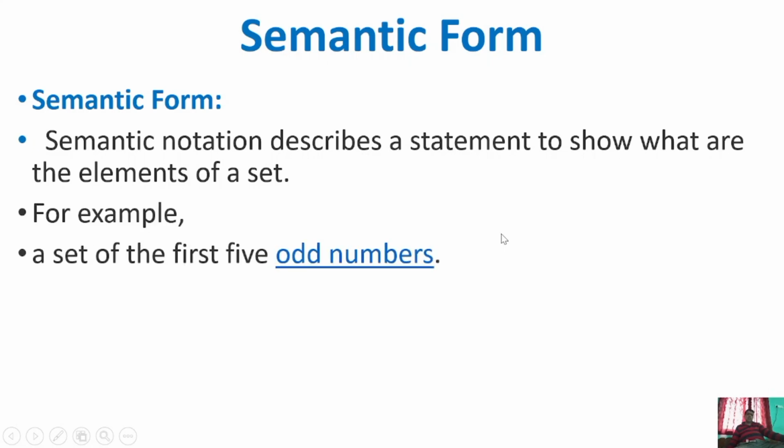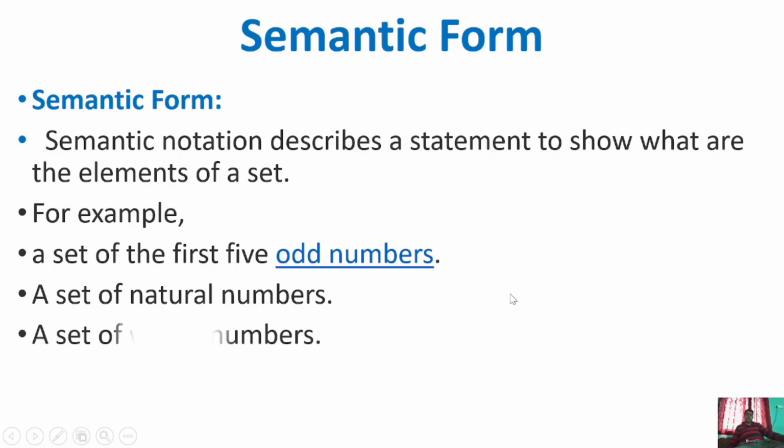For example, a set of first five odd numbers, a set of natural numbers, a set of whole numbers, a set of integers, all in the form of statements. So it gives an idea about what kind of elements are there, and the elements of the set are always well defined.